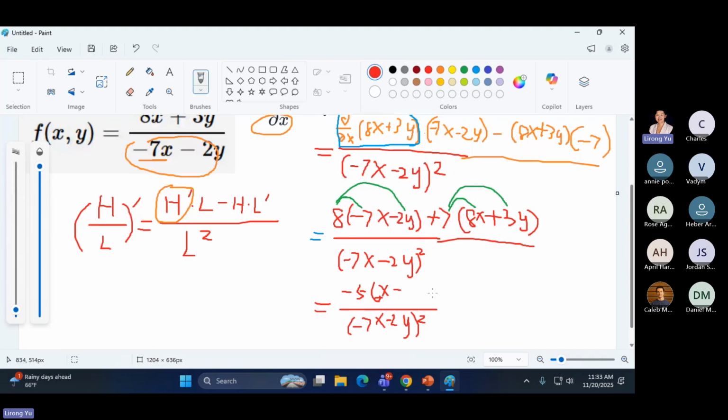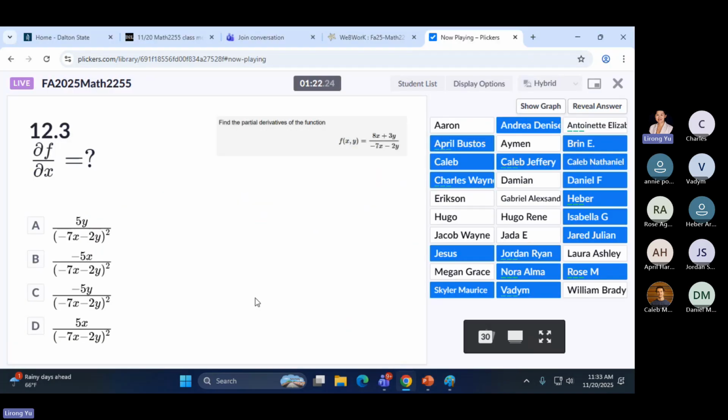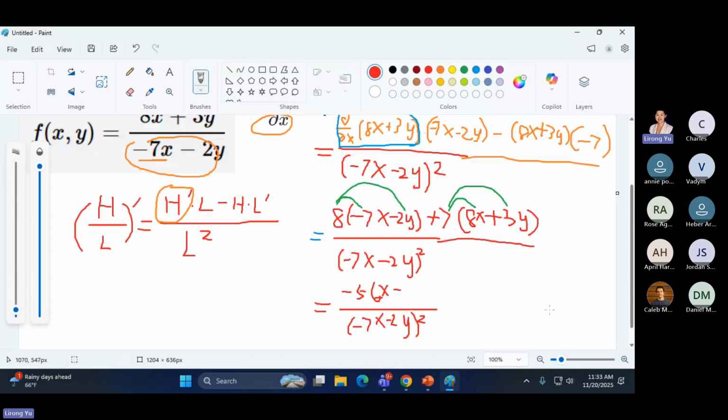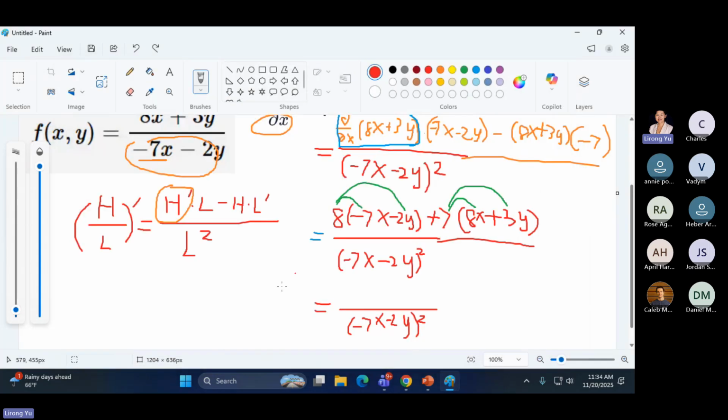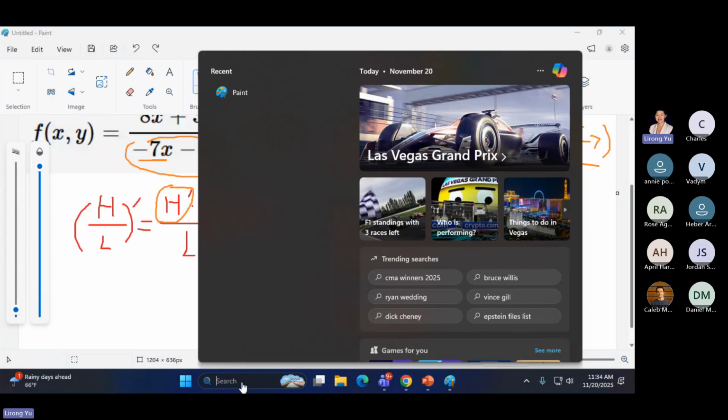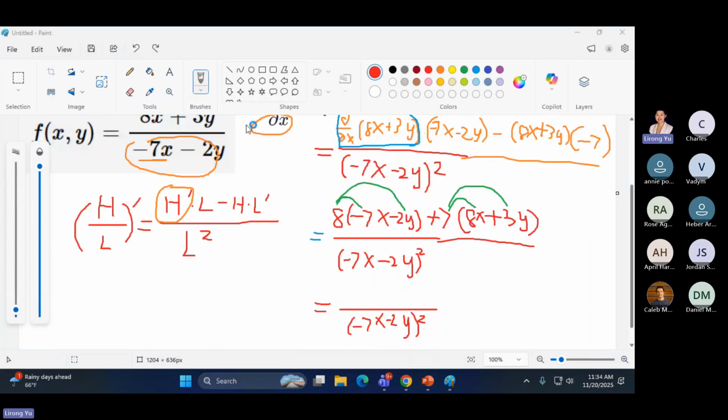Oh, wait, what was the choice? Oh, I see now. I was stuck on which one was the positive, which one was 5y. Let me try to type it out, it's easier. Whenever I try to say it in my own words, I don't say the right number.